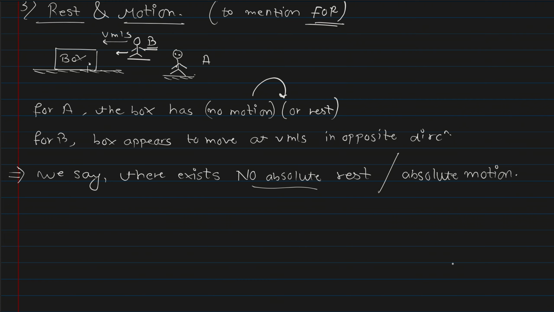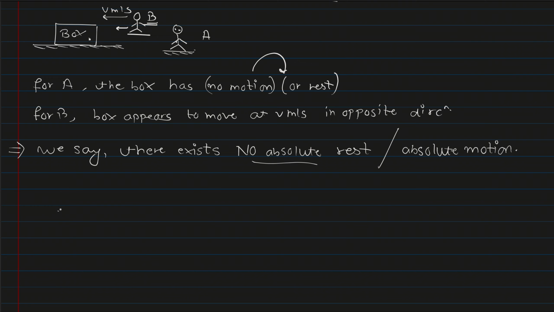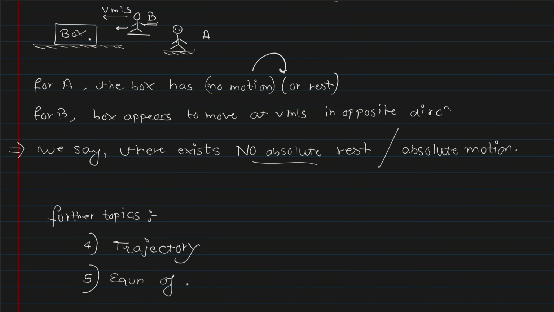And then yeah, here's where I end the lecture, and we'll look at the further topics. Our further topics would be trajectory. We'll understand what trajectory is. Next, we'll understand the equation of the trajectory.